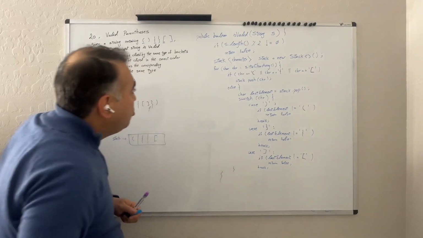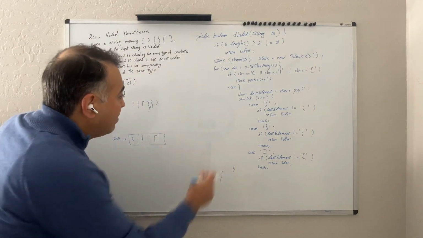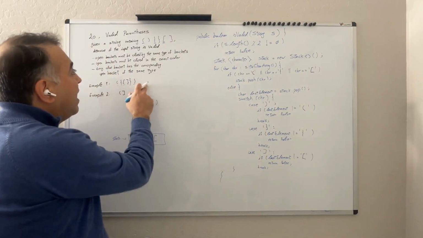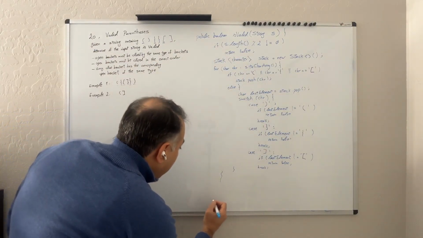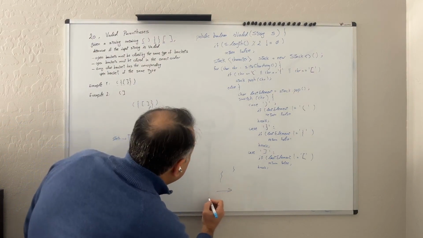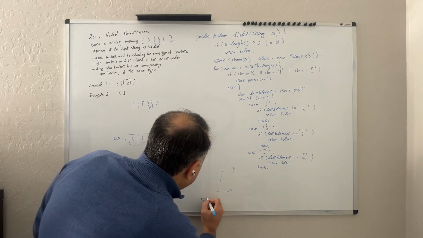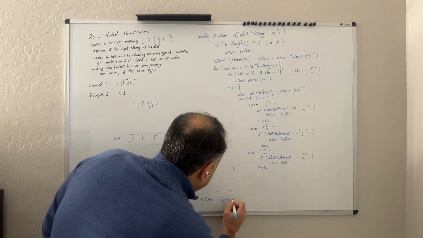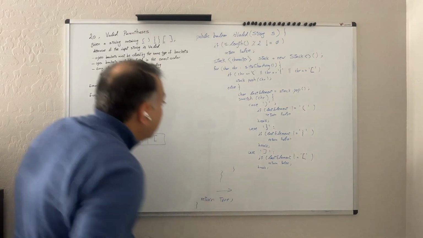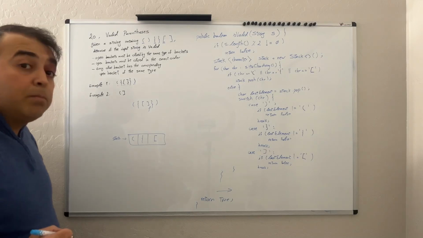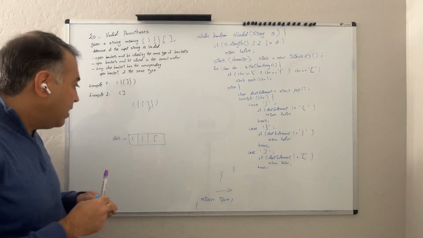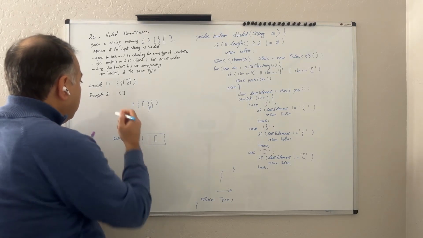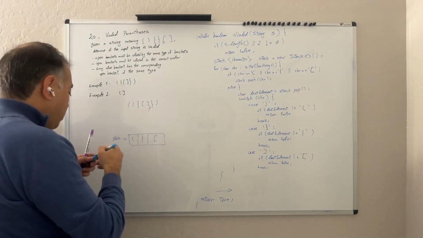And now, after I did this check and looped through all the characters, can I return true and say, okay, this is a valid string? Think for a second. No, I can't do that. Why? Suppose I have a string like this.